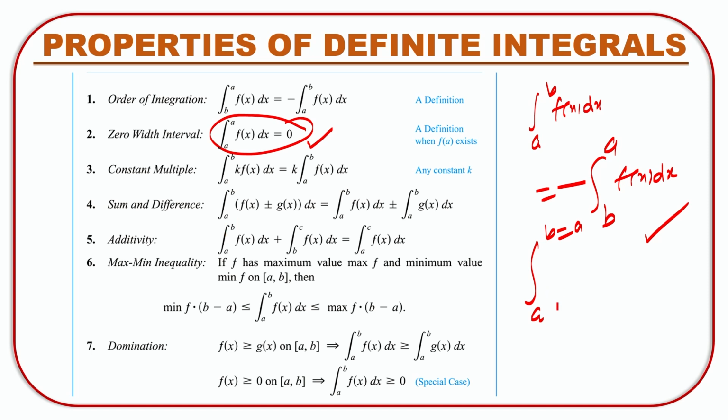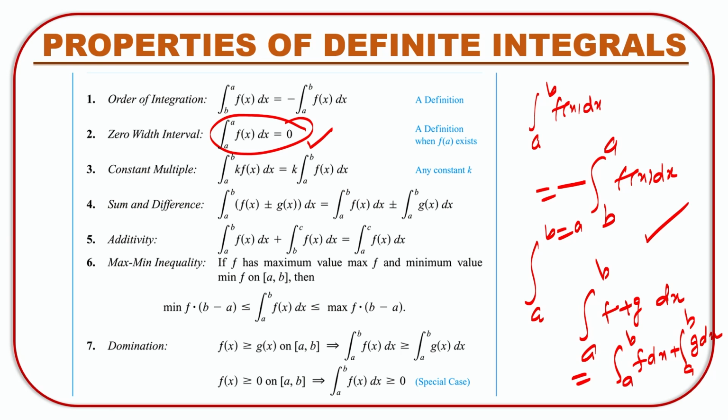So if I want to evaluate the integral from a to b of f plus g dx, this will give me the sum: the integral from a to b of f dx plus the integral from a to b of g dx, right? And similarly, you will find the difference of these.